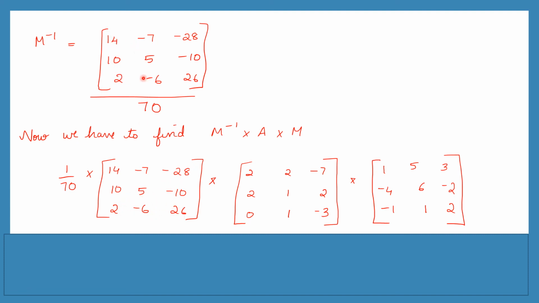That is, the step just above gives M inverse, multiplied with the initial A matrix multiplied with model matrix M.